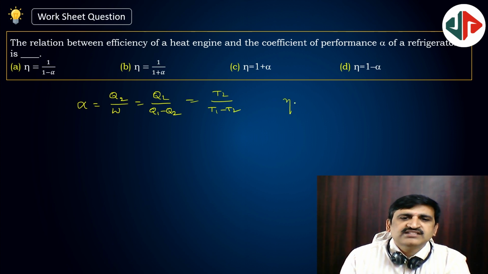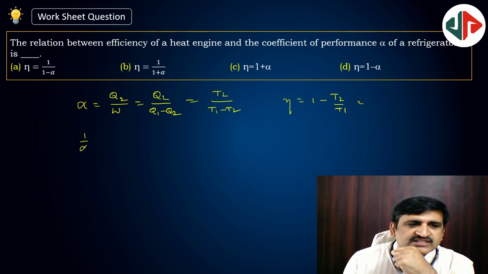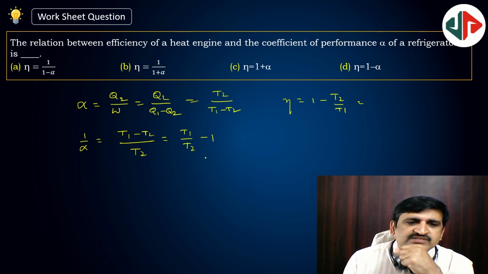But eta is equal to 1 minus T2 by T1. So 1 by alpha is equal to (T1 minus T2) by T2, that is equal to T1 by T2 minus 1.